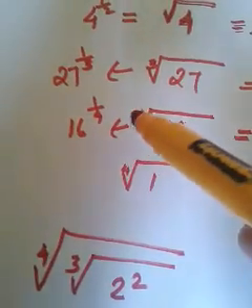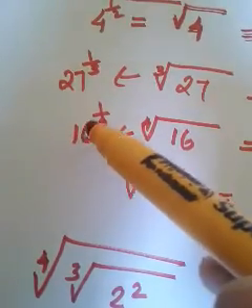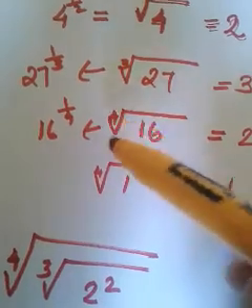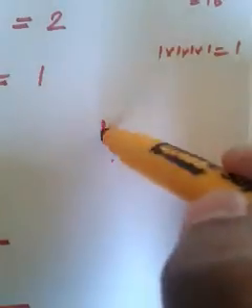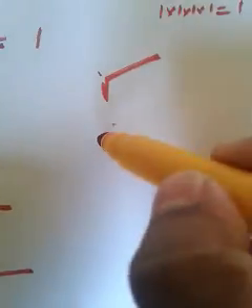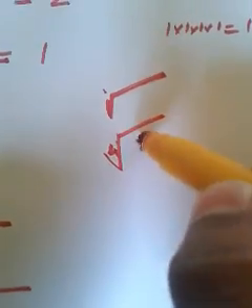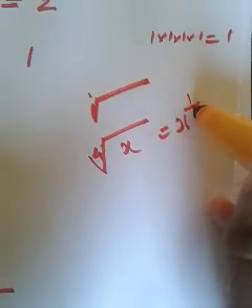We understood that the fourth root of 16 we can write as 16 raised to 1 by 4. Generally, the fourth root of some x we can write as x raised to 1 by 4.